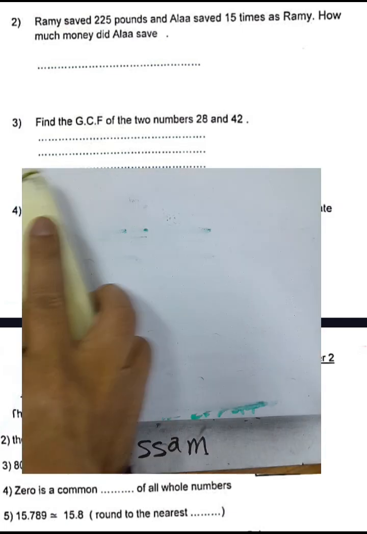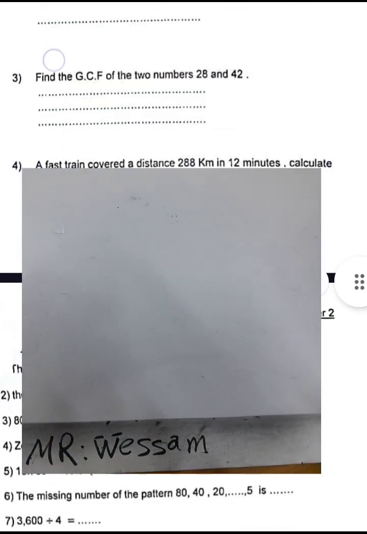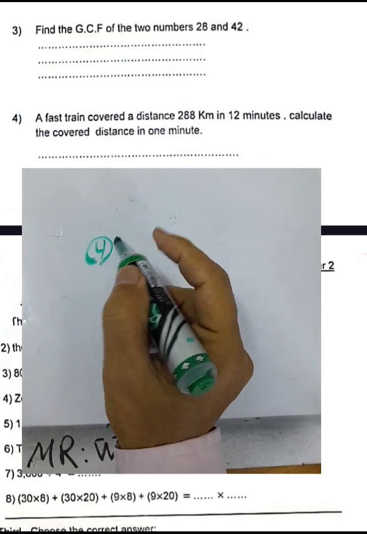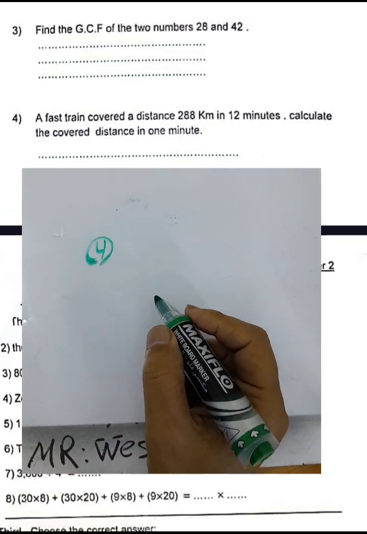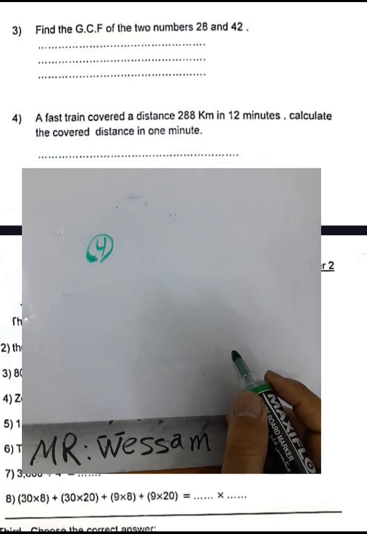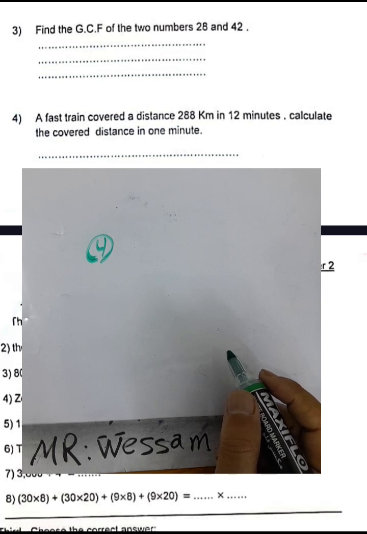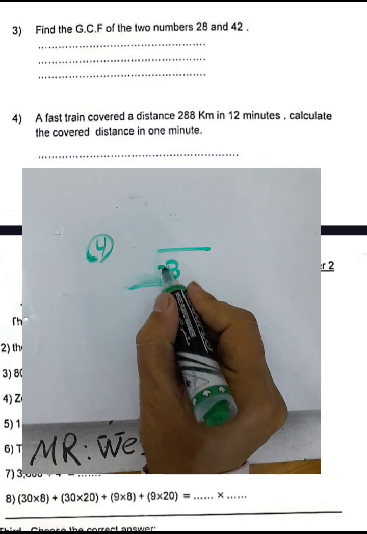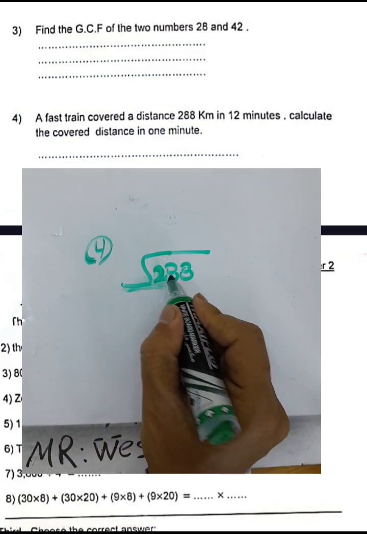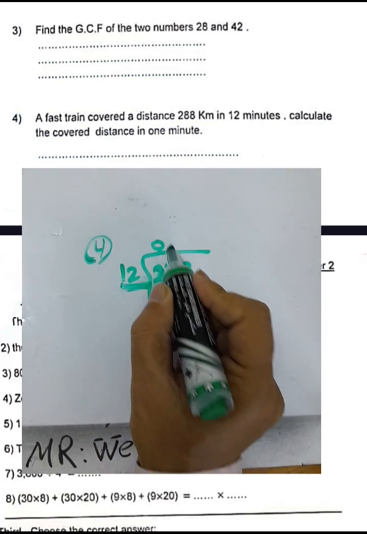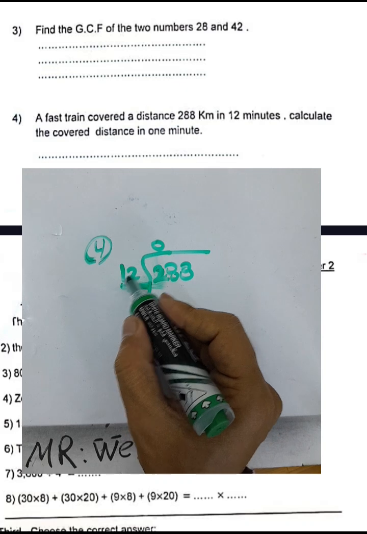Next example, number 4. A fast train covered a distance 288 kilometers in 12 minutes. Calculate this train's covered distance in 1 minute. Okay, we can divide 288 divided by 12. 28 divided by 12 equal 2. 2 times 12 equal 24.